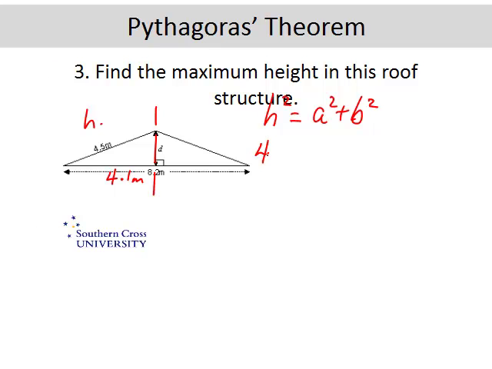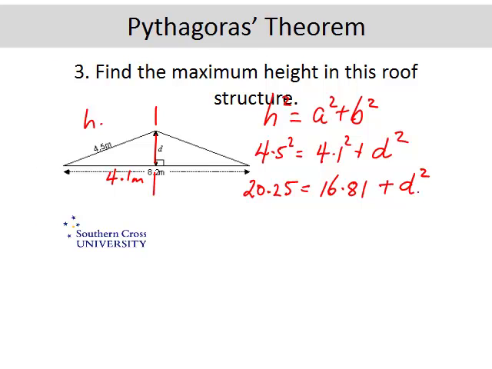So 4.5 squared is equal to, and we'll take 4.1 as our value for a, and d as our other value. So this is 20.25 is equal to 16.81 plus d squared.